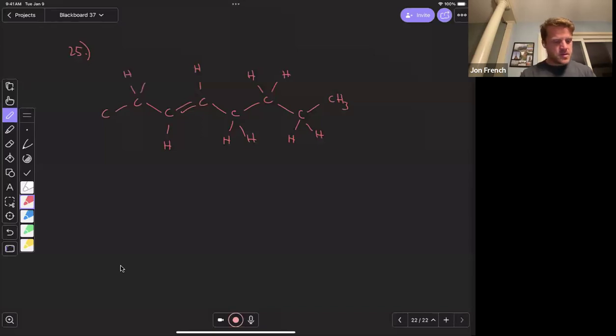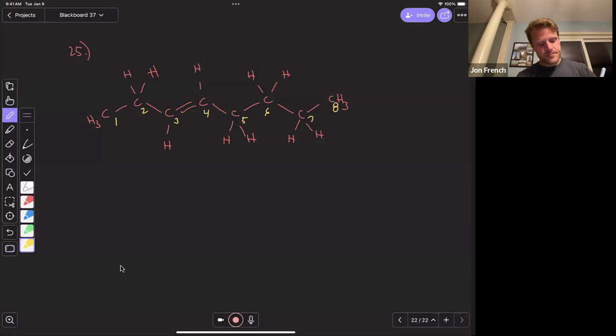So, longest continuous carbon chain that contains a double bond, because we have a double bond. So 1, 2, 3, 4, 5, 6, 7, and 8.